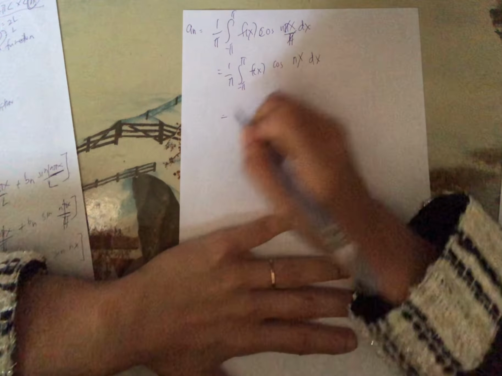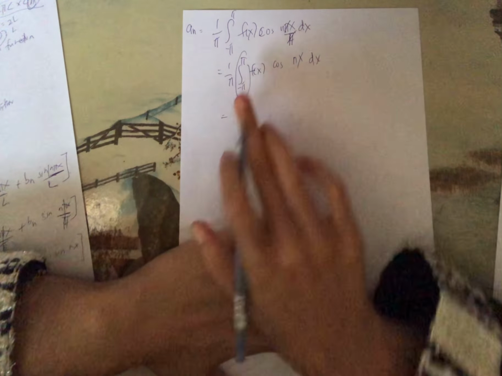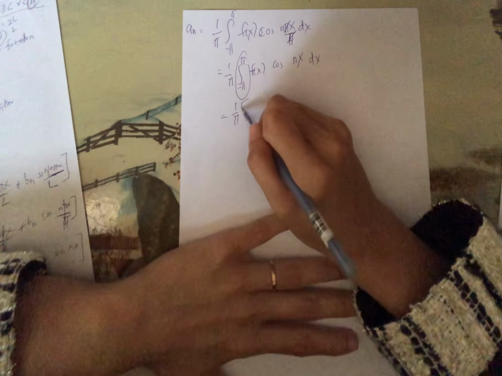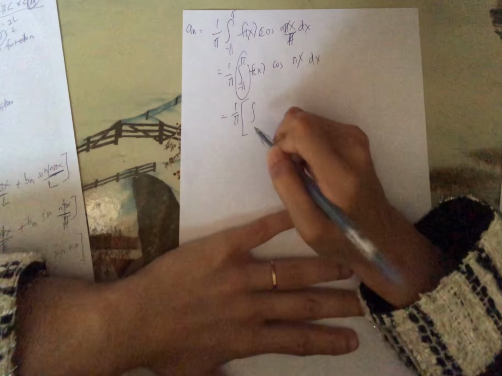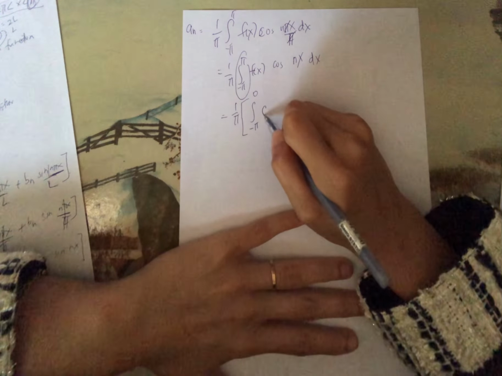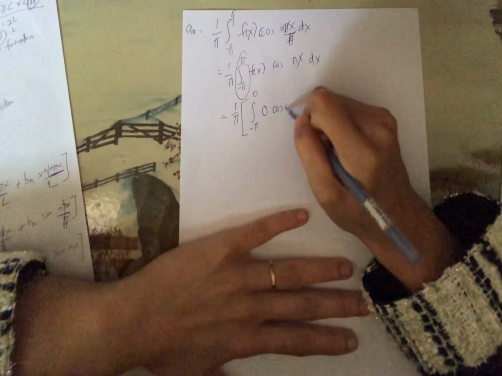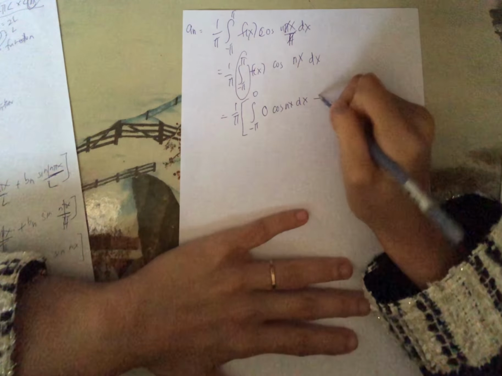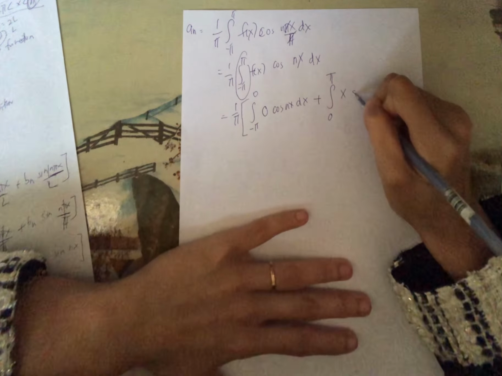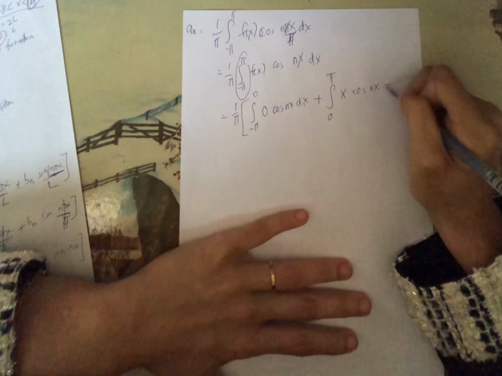It's the same thing. You will apply the same thing. You need to break it into 2. So it becomes 1 over pi. The first integral is from negative pi to 0. What is your function just now? It's 0, right? So cos n x dx, plus the second integration is from 0 until pi, x cos n x dx.